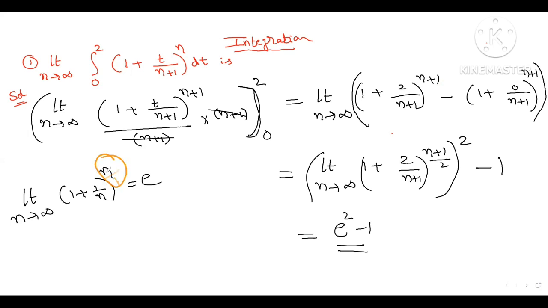Same application, now we should use 2 by n plus 1 here. The reciprocal of 2 by n plus 1 is n plus 1 by 2. But here only n plus 1 is there, so it is multiplied by 2. So the inside value is e, according to this formula. So the answer is e square minus 1.